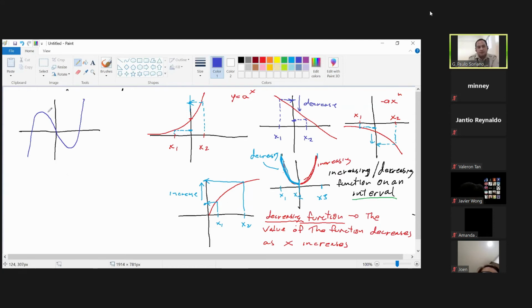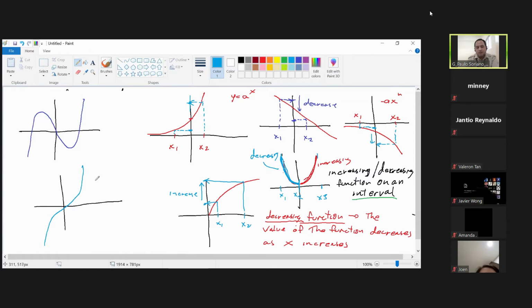So this one, depending on the function, we will now be having a part of it that is increasing, some part of it decreasing, and then some part of it increasing again. But take note, your cubic functions can also be having a graph that looks like this, a cubic function.